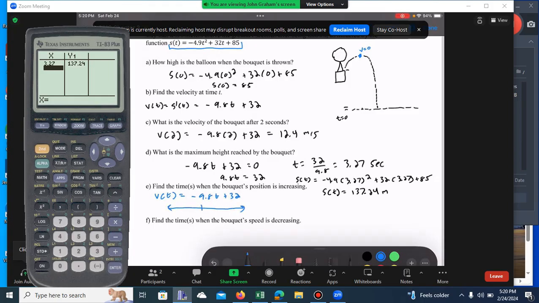That is when it's at 3.27 seconds. Intuitively, it goes from where it was tossed to the top of its height. It's decreasing in speed, right?